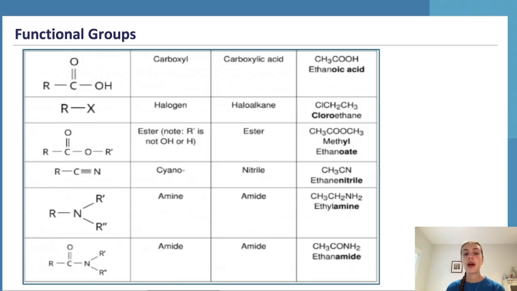However, we can have 1, 2, or 3 of these hydrogens replaced, same with an amine, but one of these chains will have, closest to the nitrogen atom, a double bonded oxygen group, so a carbonyl group.